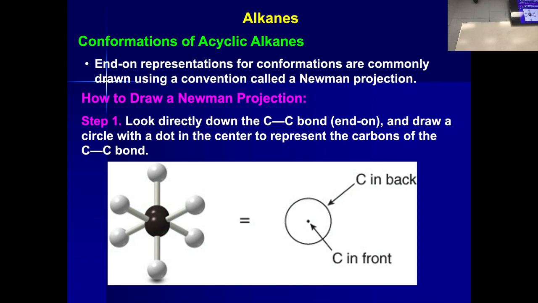Going up there is a stick, and going over there is a stick. That is that Newman projection. So what have I done in going from here to here? I have simply rotated the molecule a little bit.